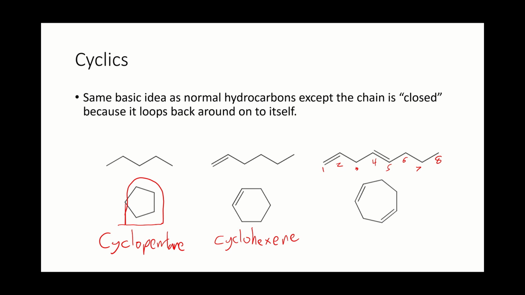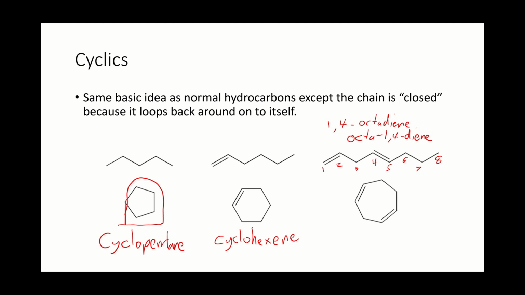It's an octane, but it's not simply an octane, it's an octene, and not only that, it's an octadiene. So this is a 1,4-octadiene, or the way that I prefer to name these things is octa-1,4-diene.